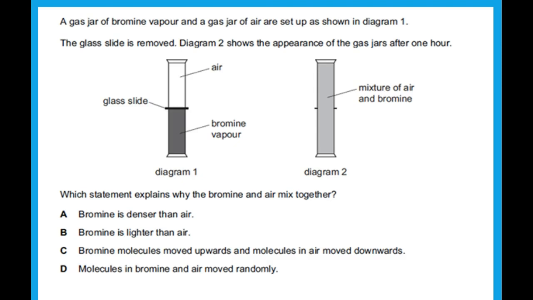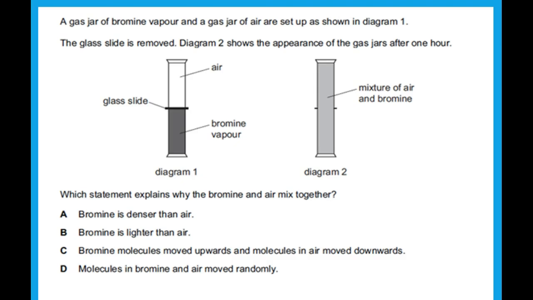Okay, let's see. Bromine is denser than air. Bromine is denser than air, but it is not the reason that the color of the bromine has spread through the two jars. Bromine is lighter than air. That's not really true. Bromine molecules move upwards and the molecules in air move downwards.